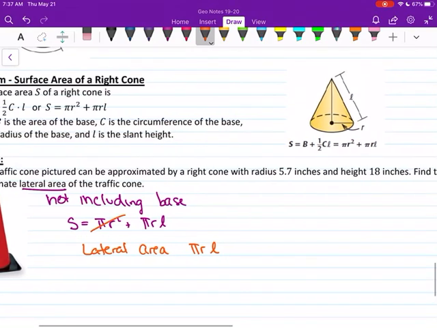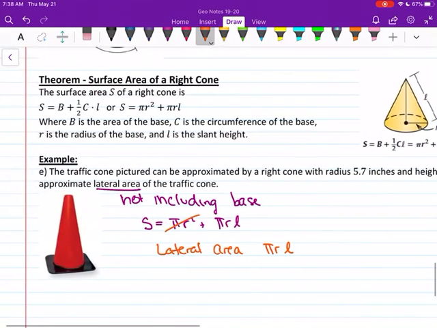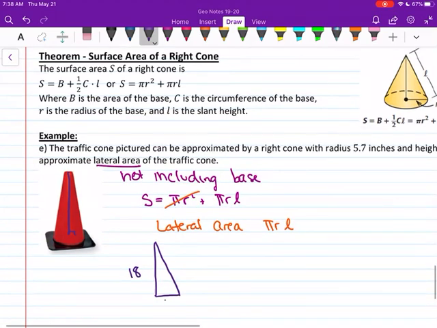So if I have a radius of 5.7 inches and a height of 18 inches. Okay, so if I was to go from the top to the bottom on the inside of this, that is going to be my 18 inches, and my radius is 5.7 inches, so that's my 5.7 there, and here's my 18.